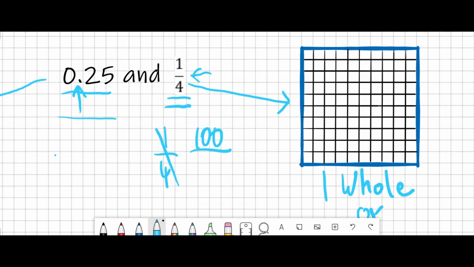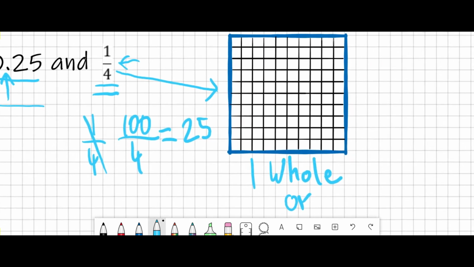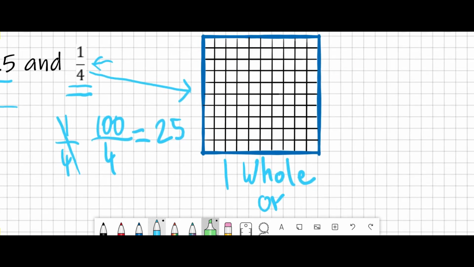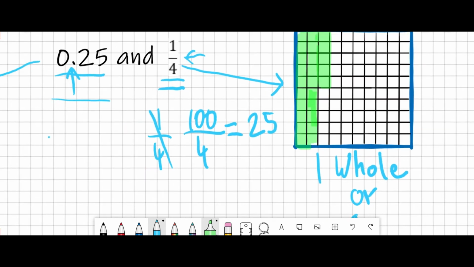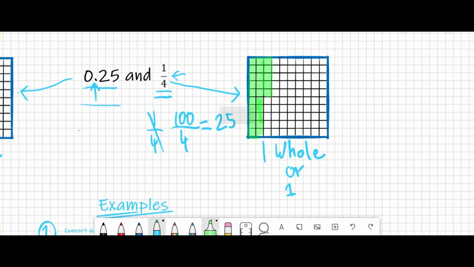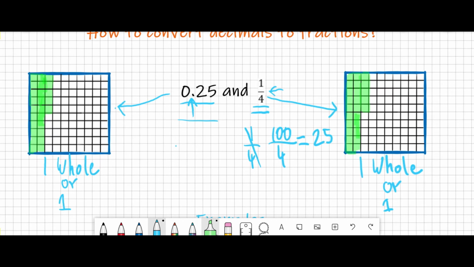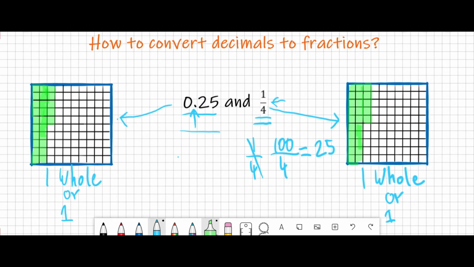That gives us 25, because that is 100 divided by 4. So we color in 25 little squares. Now if I zoom out a little, you might see that I colored in the exact same area, the exact same 25 squares. Well, there you go, that's a similarity. 0.25 and 1/4 mean the exact same thing.